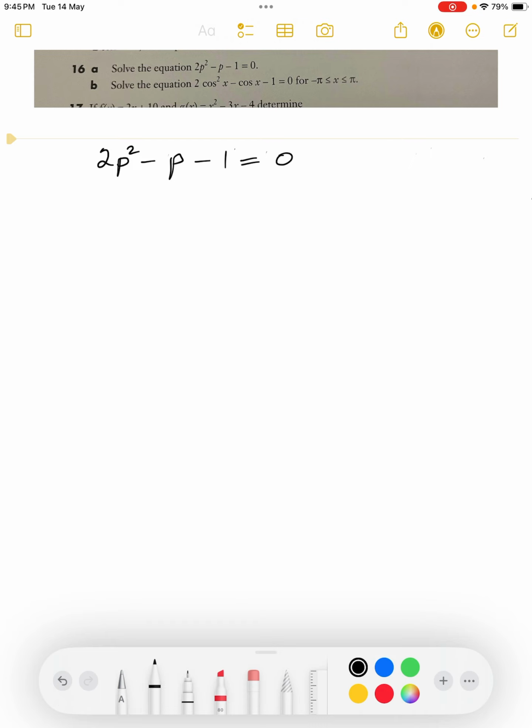Well, I'm going to try and solve this using factorising. And first of all, will it factorise? Now, it will factorise if our discriminant b squared minus 4ac, that's the part under the square root sign, is a perfect square. If it's a perfect square, such as 1, 2 2s are 4, 3 3s are 9, those sort of numbers, then it will factorise.